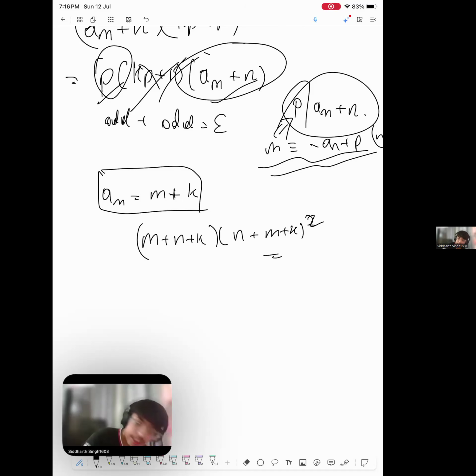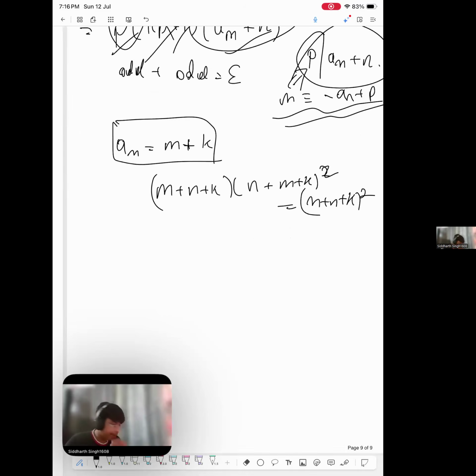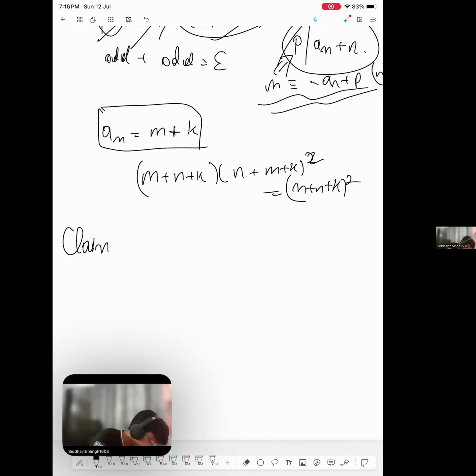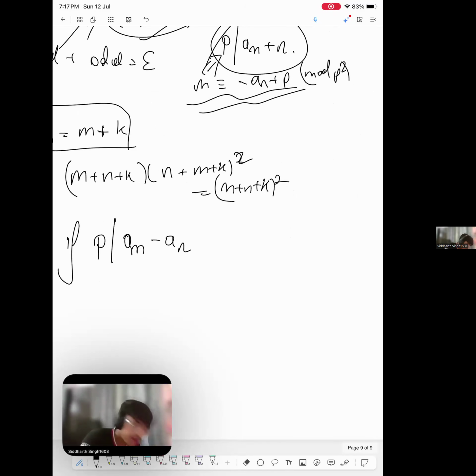This entire thing is just m plus n plus k squared. But yes, you are basically right. The point is the claim: if p divides a_m minus a_n, it implies p divides m minus n.